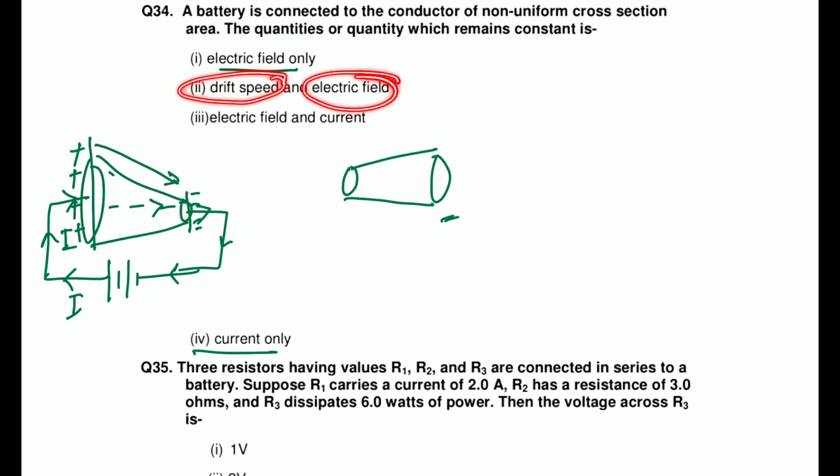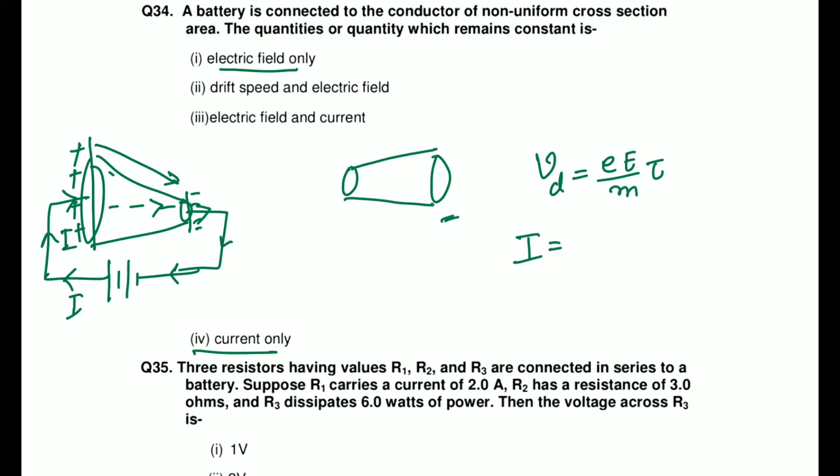Drift speed and electric field. Now we have to understand, we know drift velocity is given as Vd equals E upon m times tau. Also the value of current is given as I = n e A Vd.